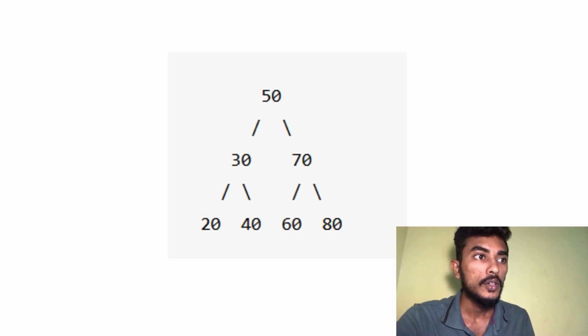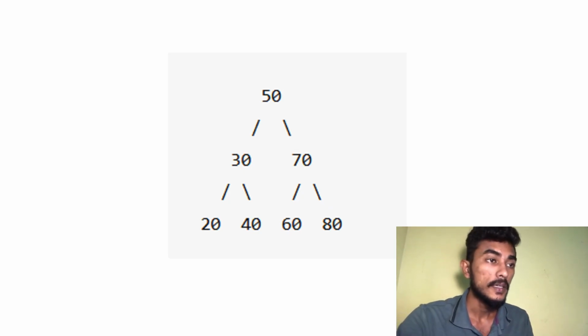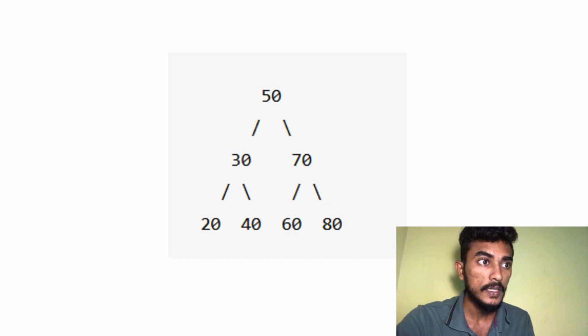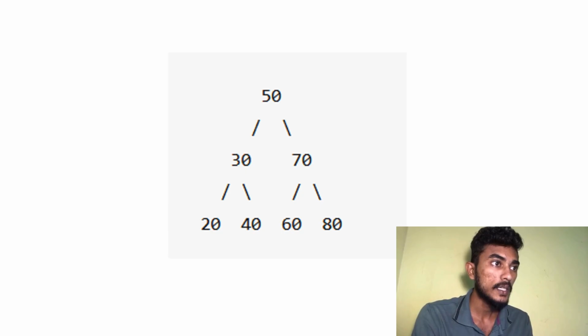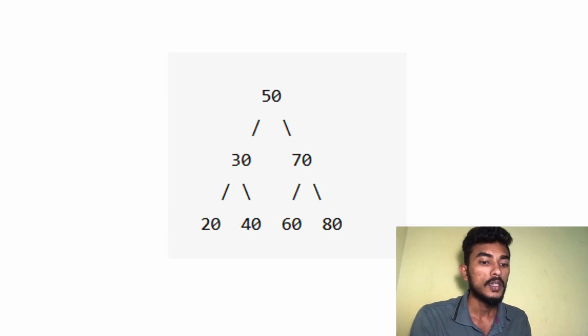So now I'm going to show you the binary search tree. You can see 50 is the root element. We talked about the BST rules previously. The first rule is the left subtree contains values less than the root. Now you can see the root element's left side has the value 30.